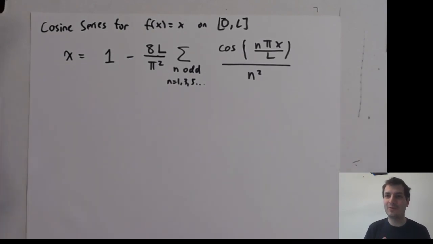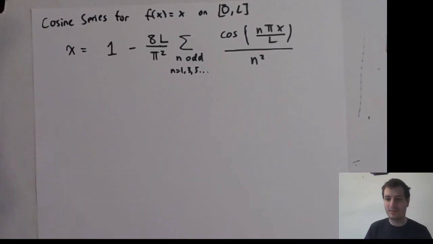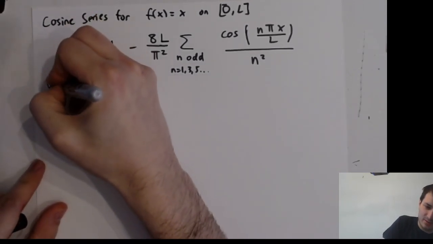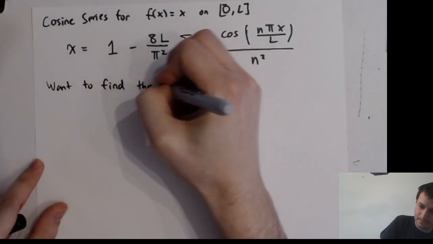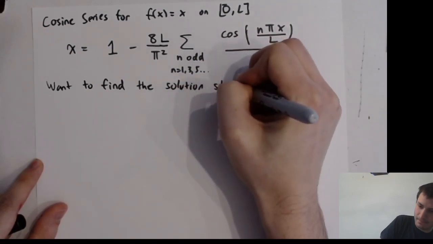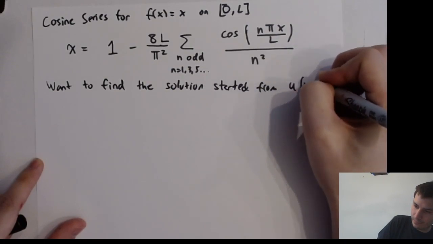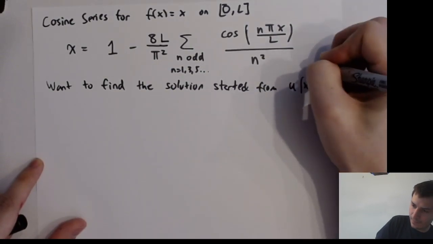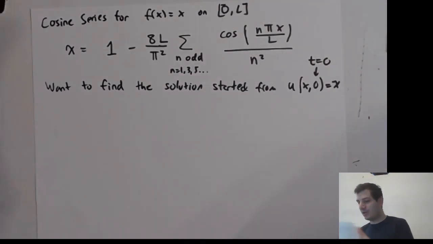And now we're looking for this general solution, at t equals 0. We know how the general solution looks.